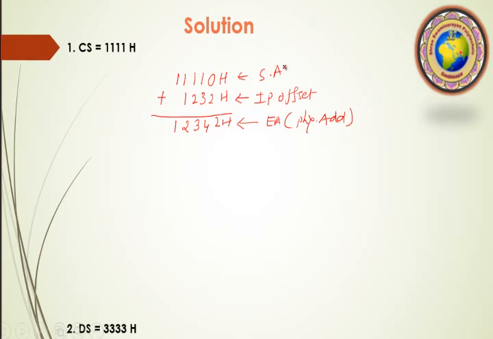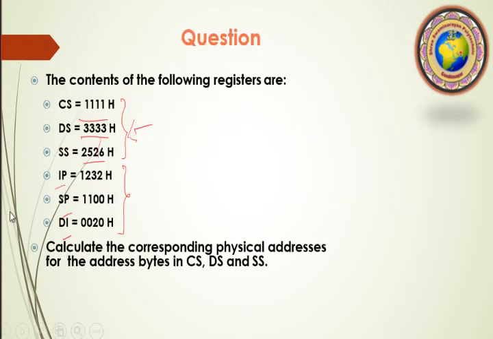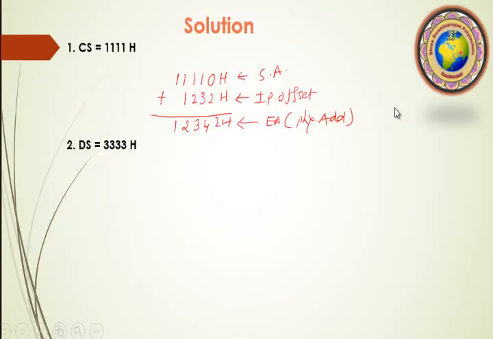In the same way, the second one is the data segment, 3333H. For the data segment we can use BX, DI, or SI, the address of the data. Here the value of DI is 0020H, and this value is used as the offset for DS.